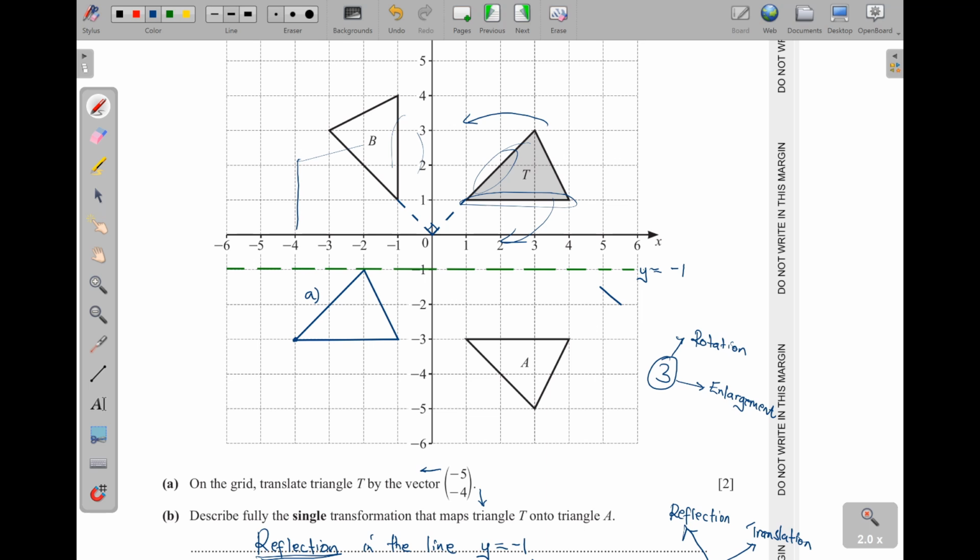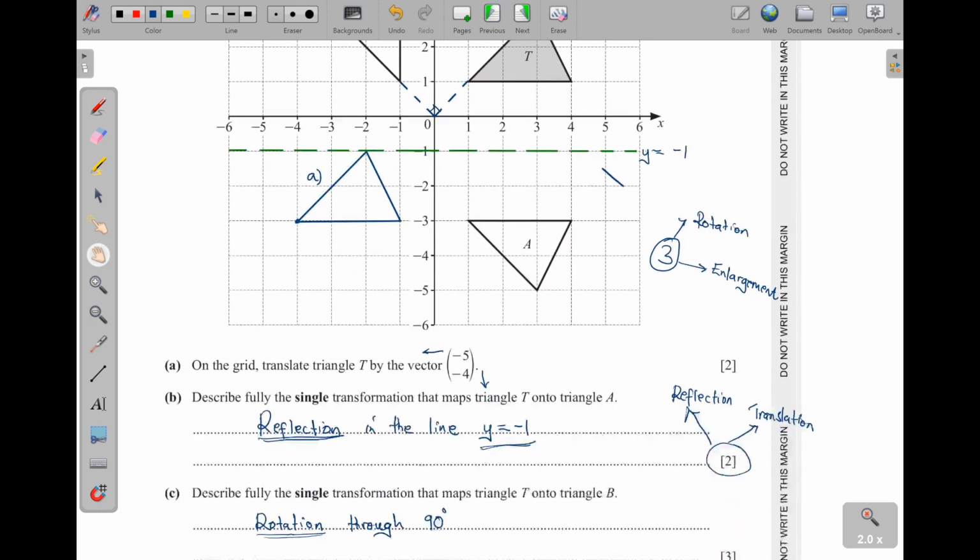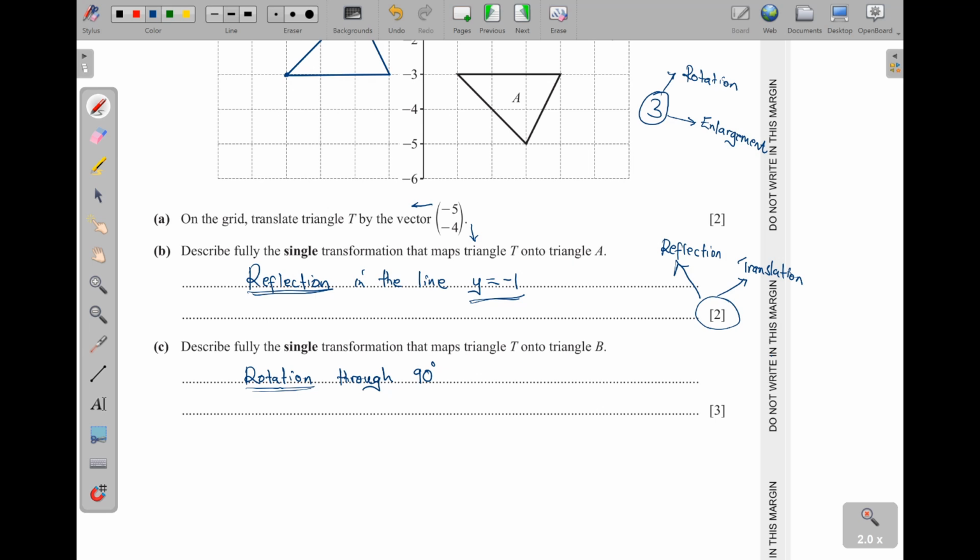So this is anti-clockwise. Even when you get your tracing paper and you put it here, then you trace this T here, and then you put it at 0 as your center, and you rotate anti-clockwise, you will see that it lands at B. So 90 degrees anti-clockwise, add it there, anti-clockwise, like that. This is the second mark.